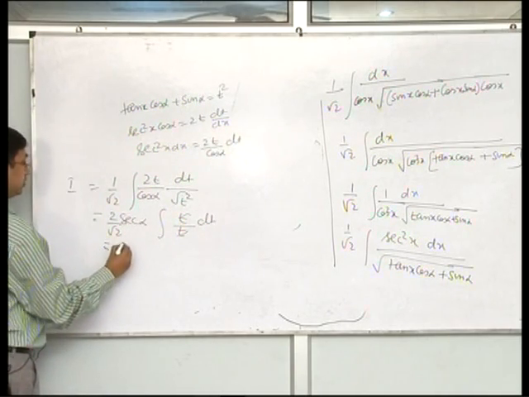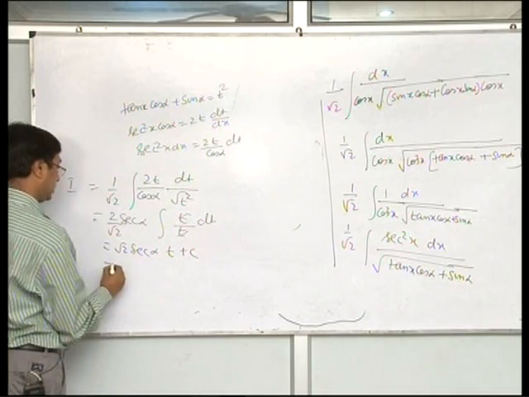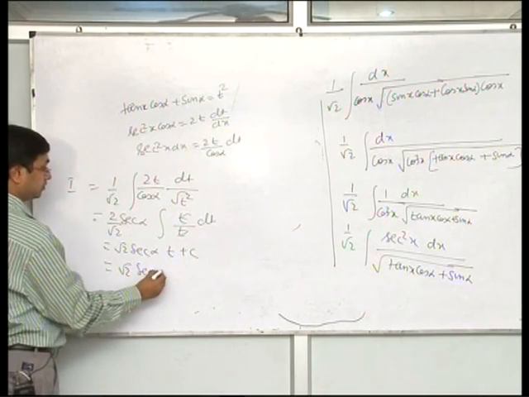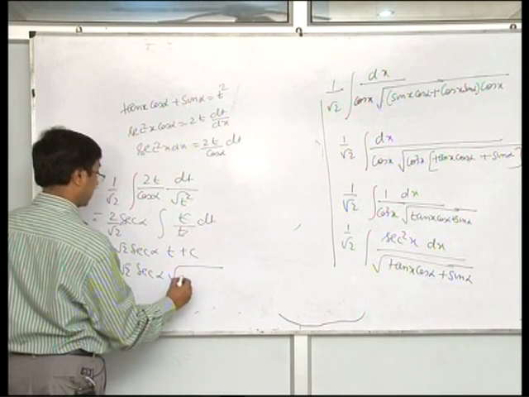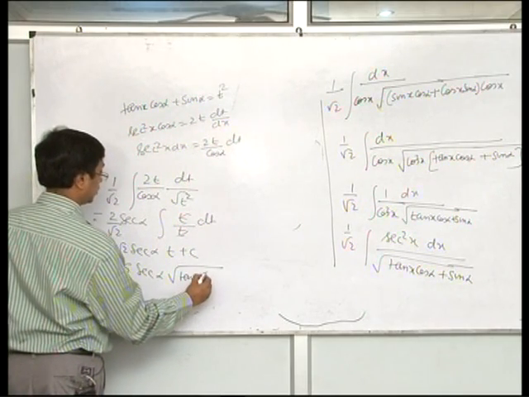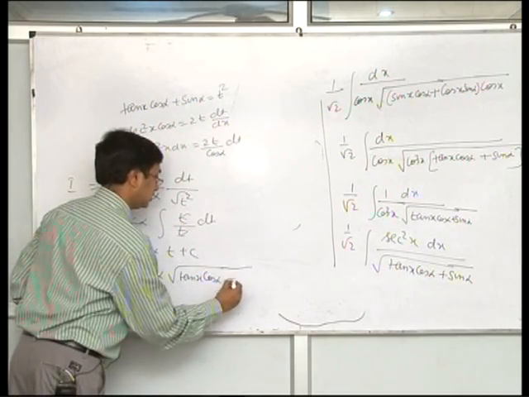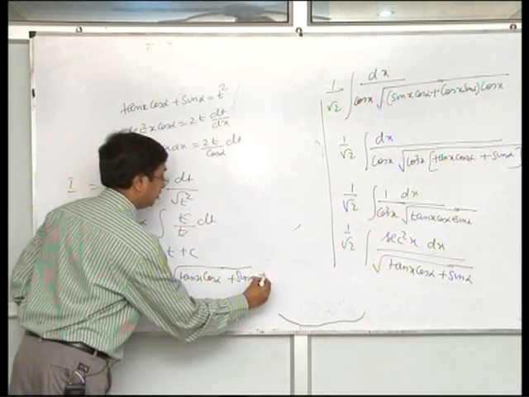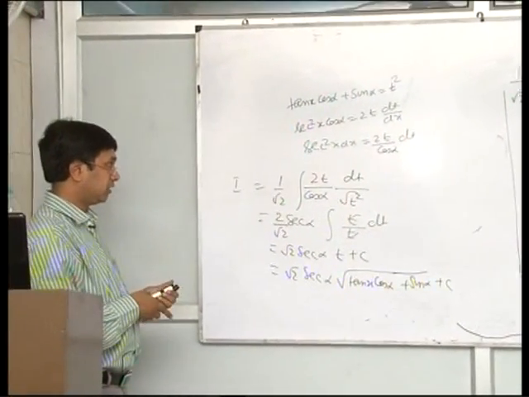So 2 by root 2 simply is root 2 sec alpha into t plus c, which is nothing but, what is t? Yes, under the root tan x cos alpha plus sin alpha plus c.